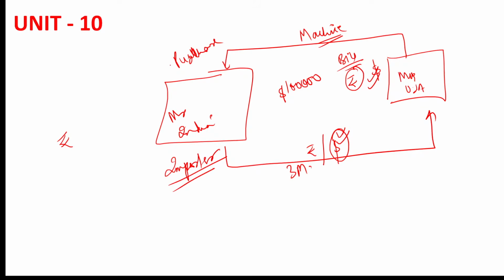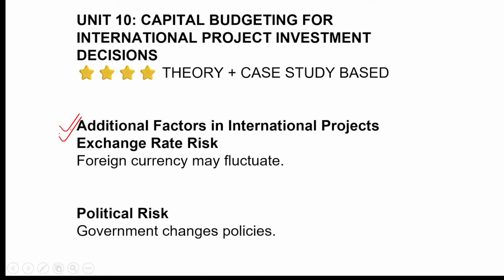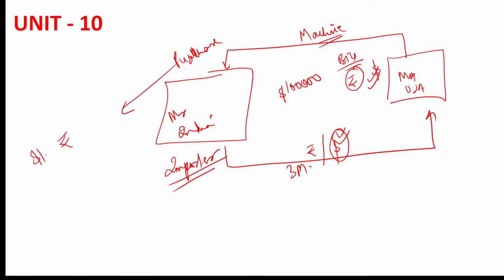On the day of purchase, the conversion rate is $1 equals rupees 80. So the payment as per today is 80 rupees. How much does he have to pay in total? $1 lakh. So 80 into 1 lakh.